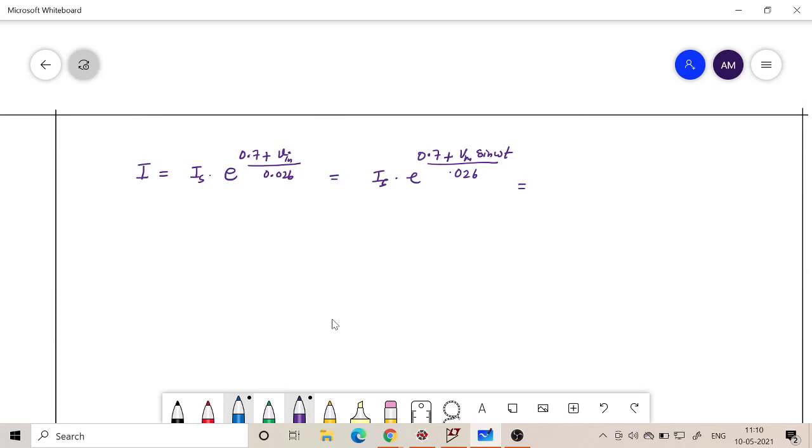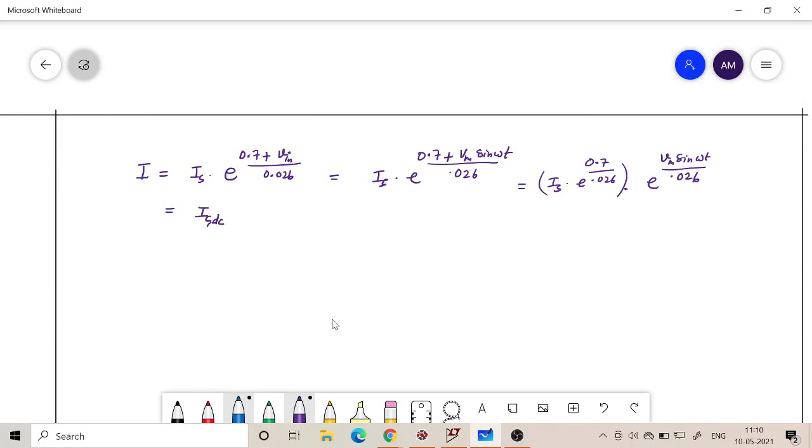So I can write this as Is into e raised to 0.7 by 0.026, multiplied by e raised to Vm sine omega t by 0.026. I have split the expression into two product terms. One of them is basically a constant. That constant I'll call IDC, or ICDC.